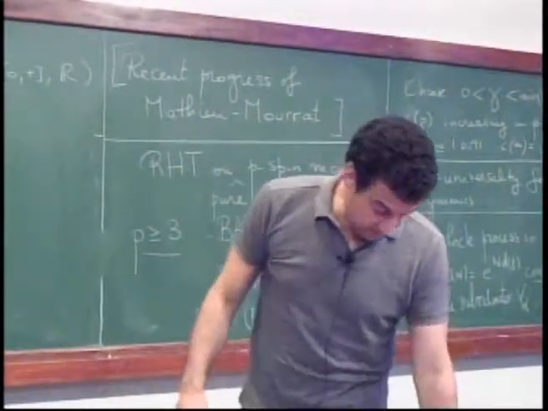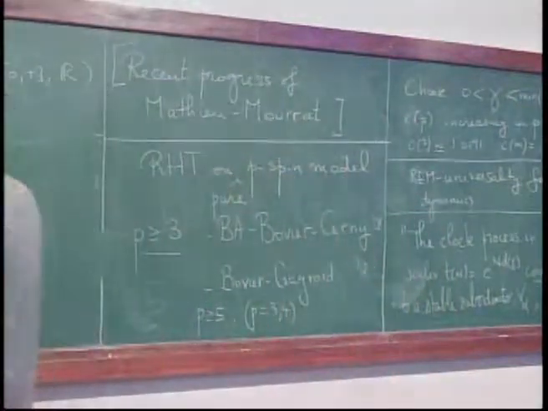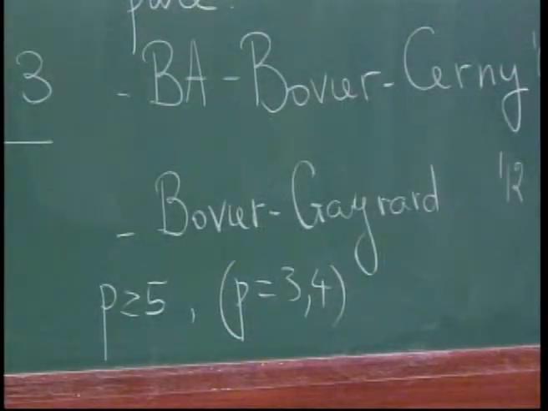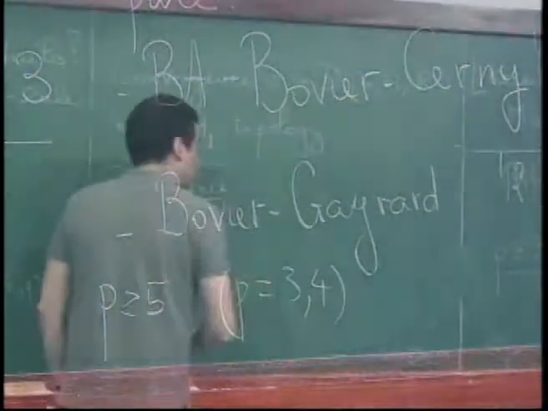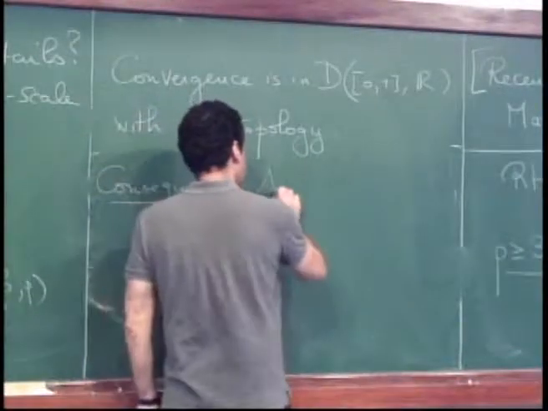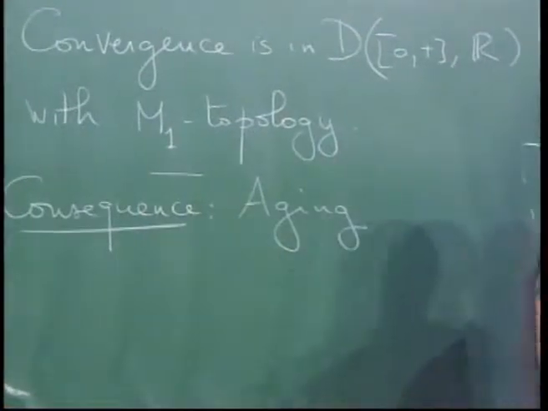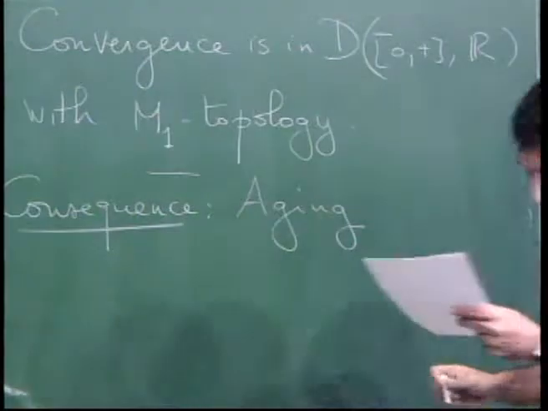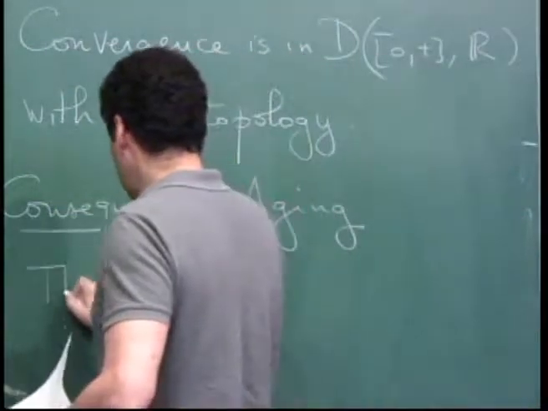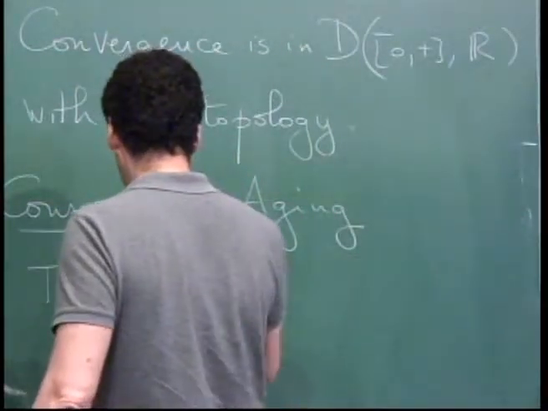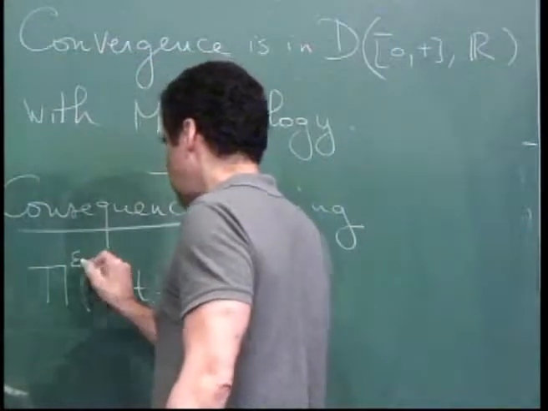So let me give a consequence, which is not a direct consequence, but kind of, which should now be familiar, which is aging for these things, as Alex described it. So let me look at the following function. I look at the probability, I look at 2 times, and a small epsilon.